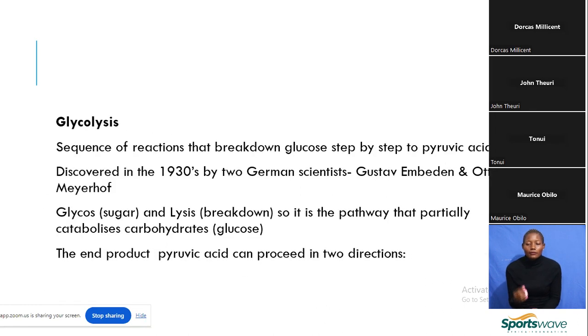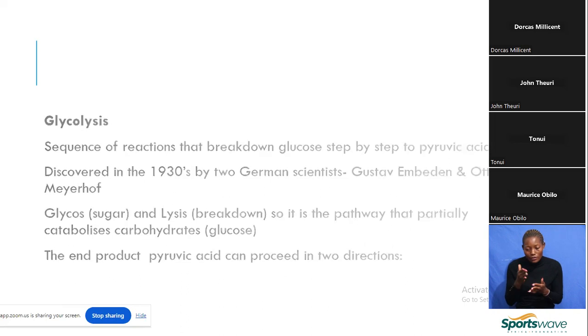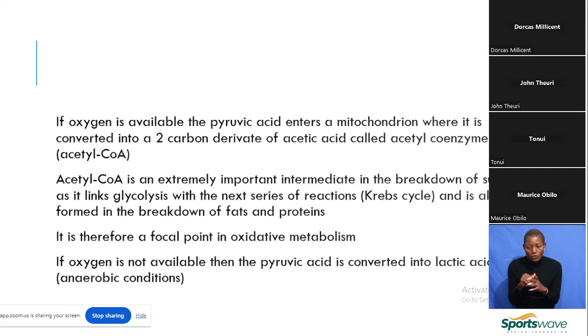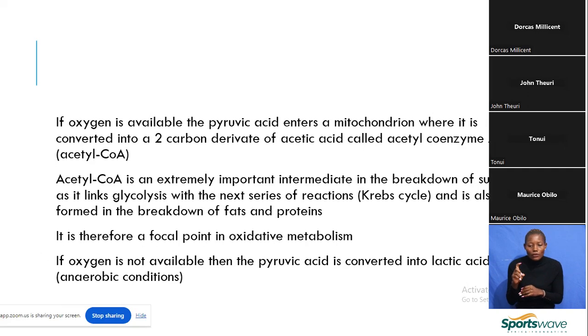Glycolysis is the first process in manufacture of energy. It was discovered by those 2 German scientists. But the key thing is that the end product of glycolysis is pyruvic acid. Now, that pyruvic acid, if oxygen is available, can proceed in 2 directions. If oxygen is available, it enters what is called the Krebs cycle.